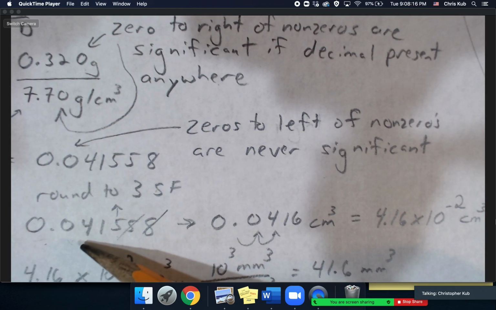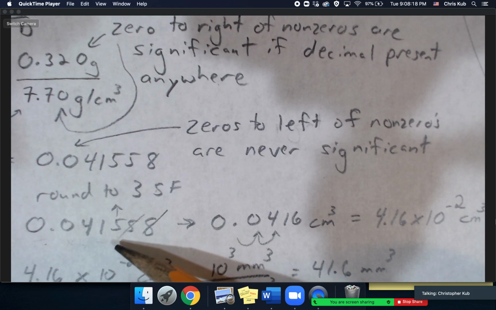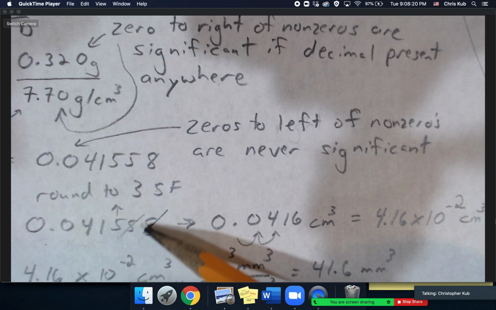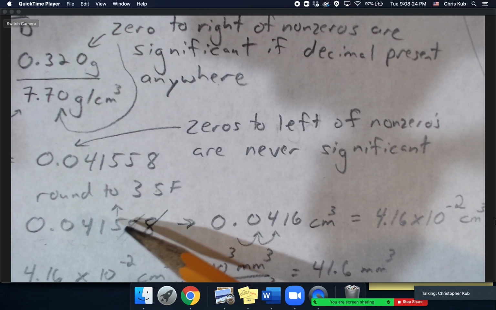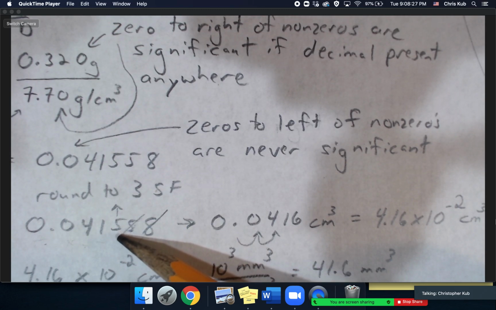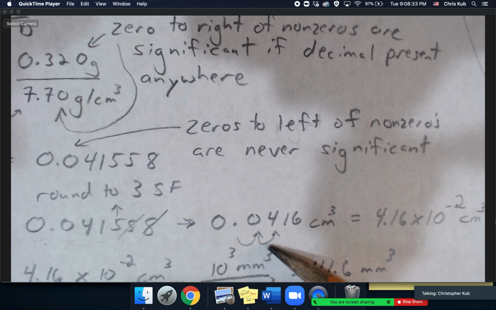So if I need to have 3 sig figs, I'll do this 4, this 1, and then let's see, rounding the 8 and the 5. That number is 5 or greater, so this will round up. Overall, the answer is closer to 0.0416. So we round to 0.0416, and that is the volume of the paperclip.